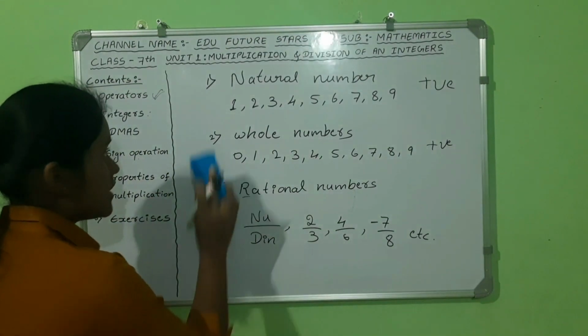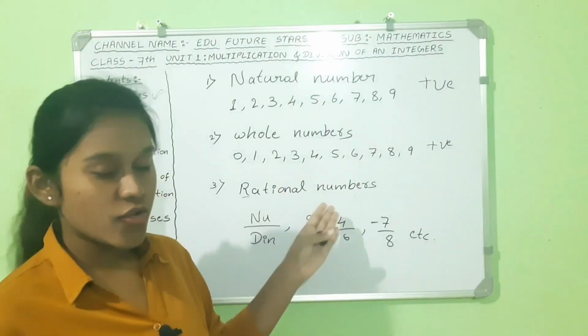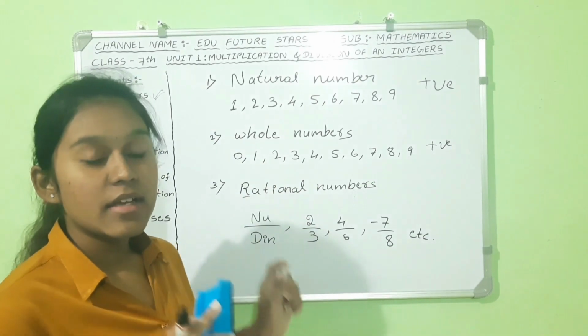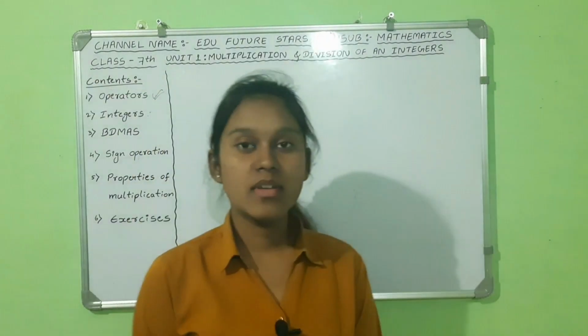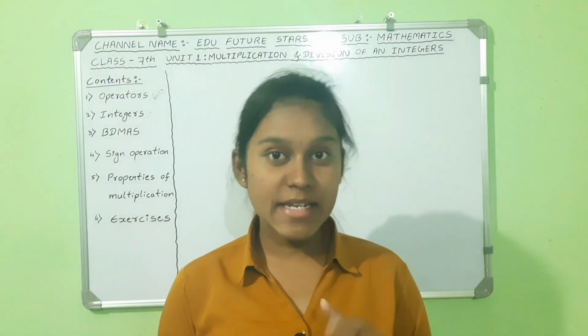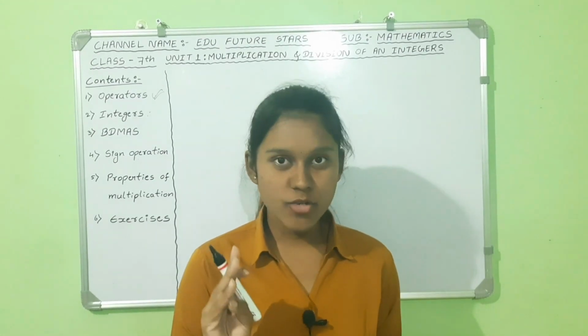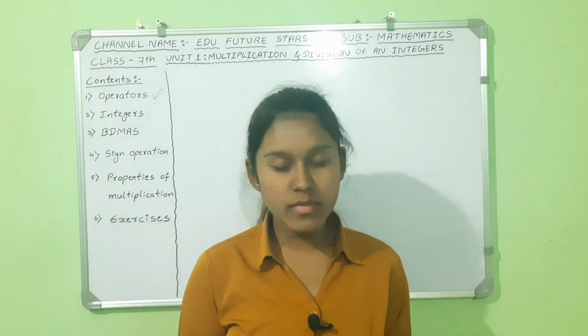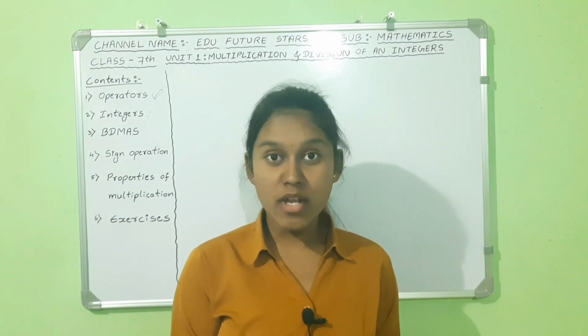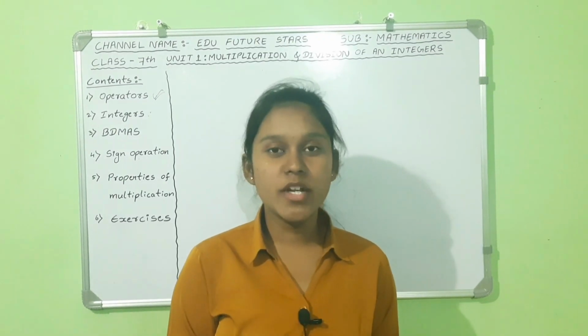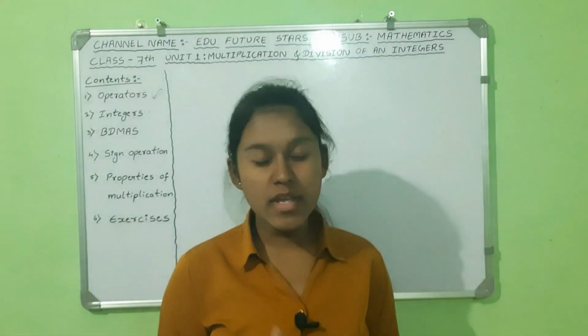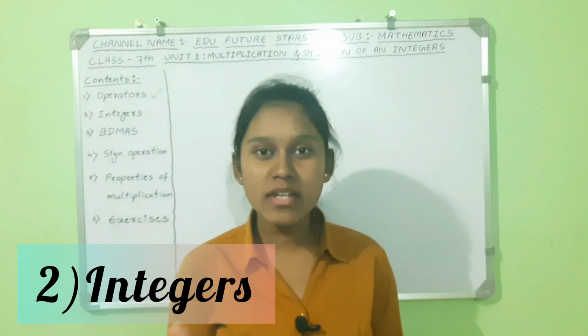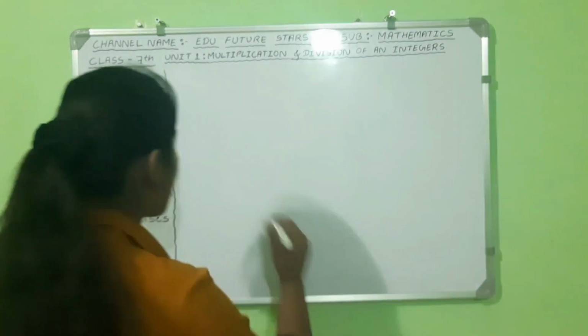This is about the basics of natural numbers, whole numbers and rational numbers. Now we learned 3 basics. Now another one which is very important to our today's topic, which is integers. Let's see what the integers are.